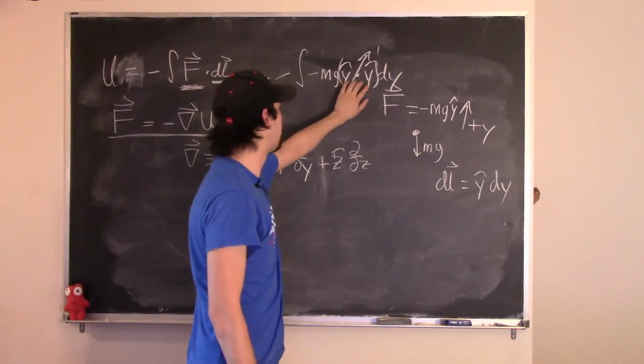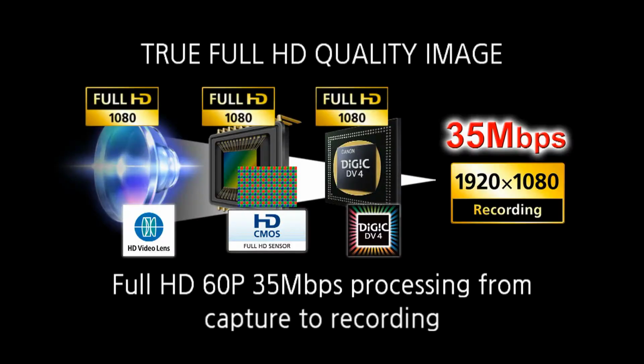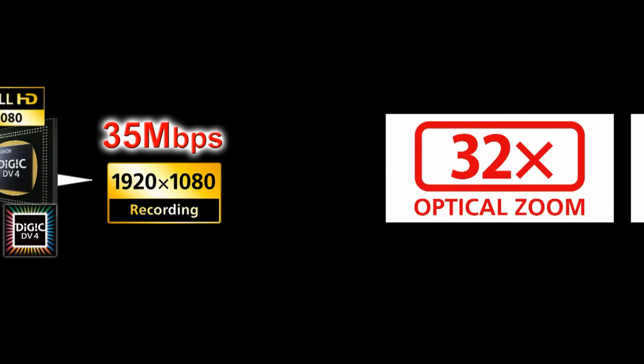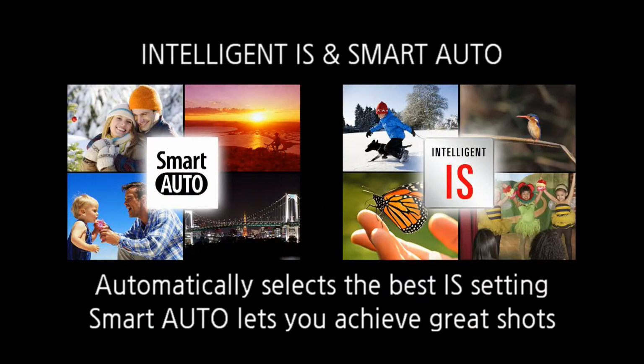But these are unit vectors, so that's just 1. And then what I have is the integral of mg dy. Now this is an integral any of us can do. It's just a constant, right? So this is just going to be equal to mgy. So what this says is for some mass in gravity close to Earth, the potential energy function is just mgy.